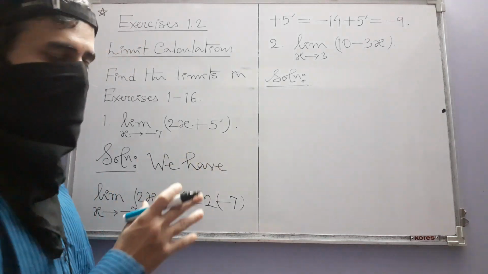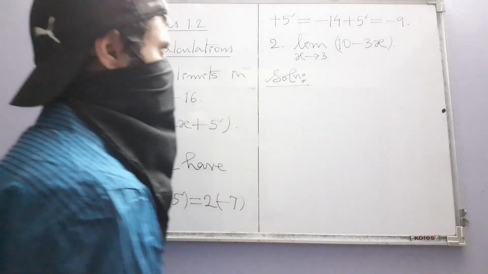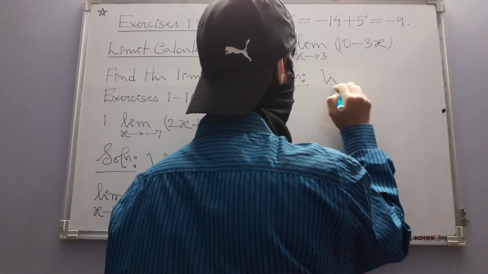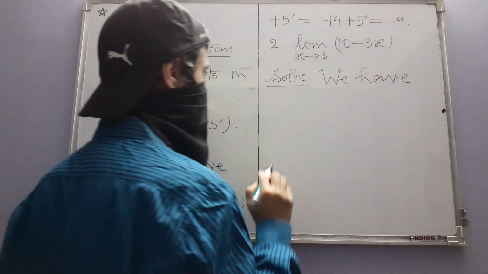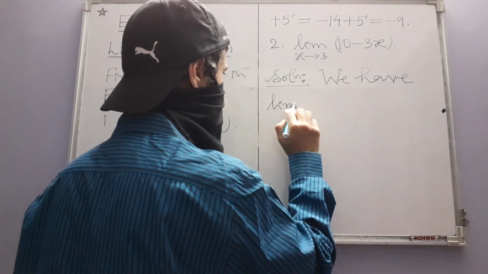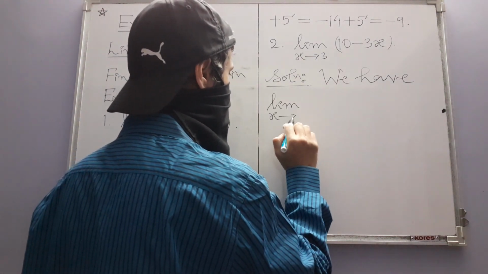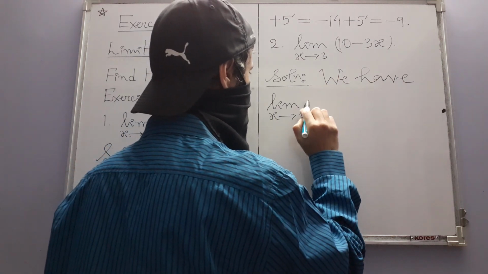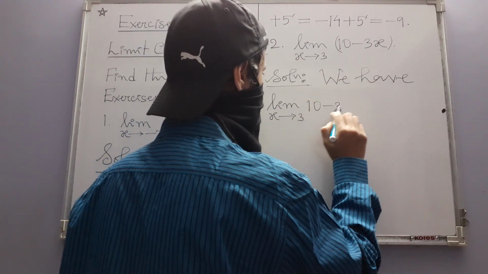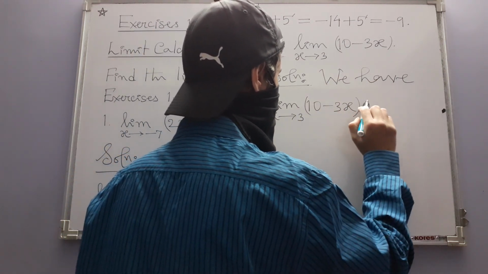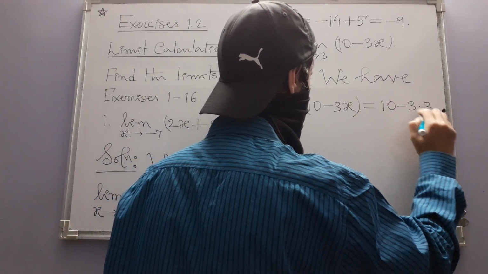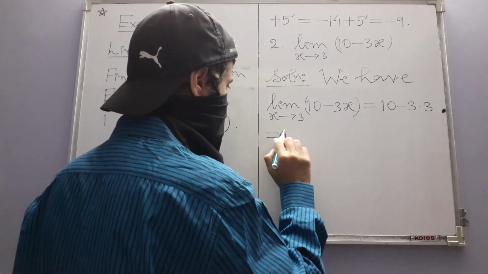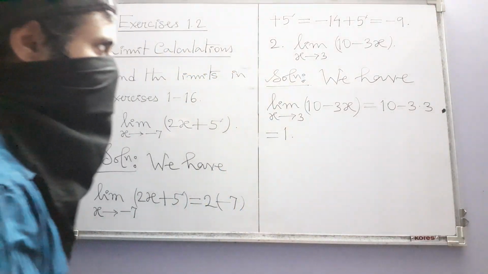So that's why we are justified in doing this. That is 10 minus 9, this is 1.